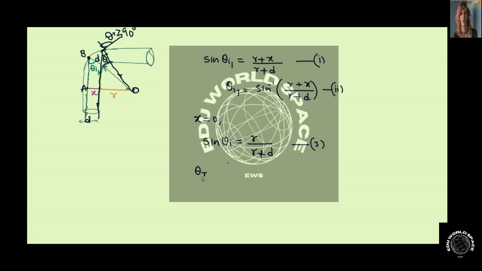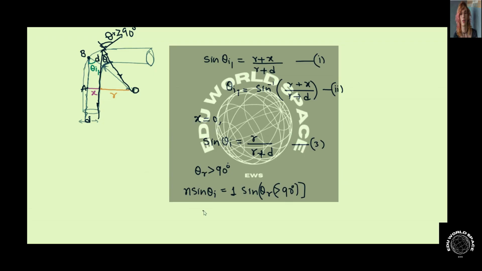So applying Snell's law at point C for this particular condition, n sine theta I is equal to, as it is an air medium whose refractive index is 1, sine of theta r, and here this theta r must be greater than or equal to 90 degrees.